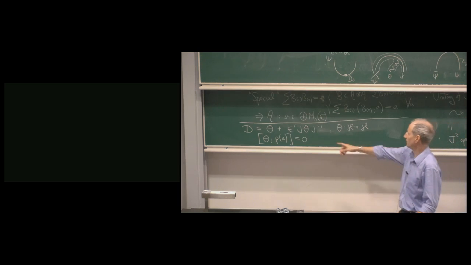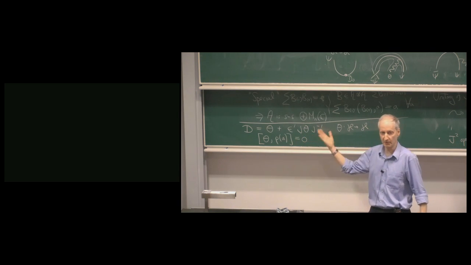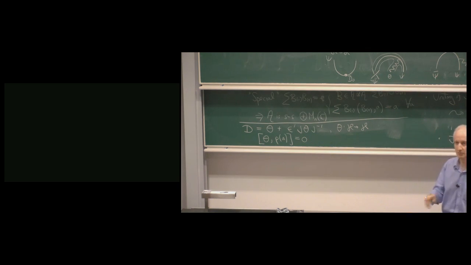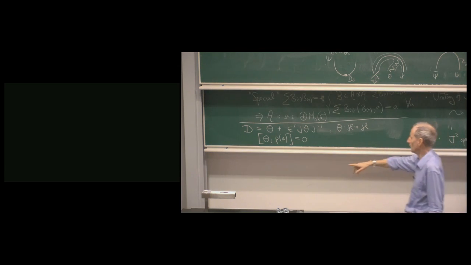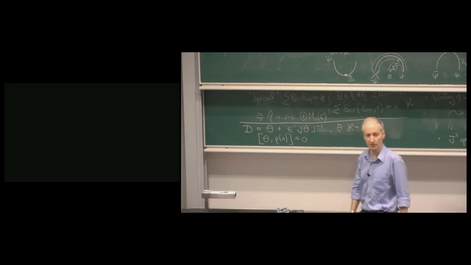And of course it means that this gadget here, J theta J inverse, commutes with the left action. So it's just splitting the Dirac into these two pieces. But it's much simpler to work with theta and not with D.